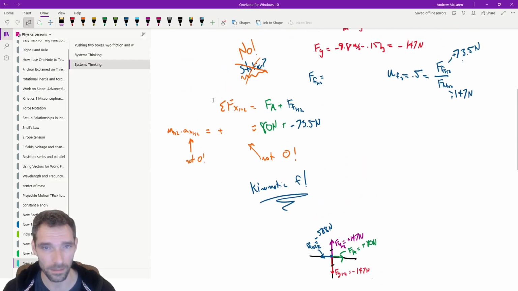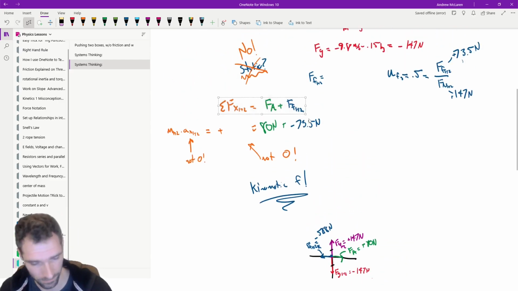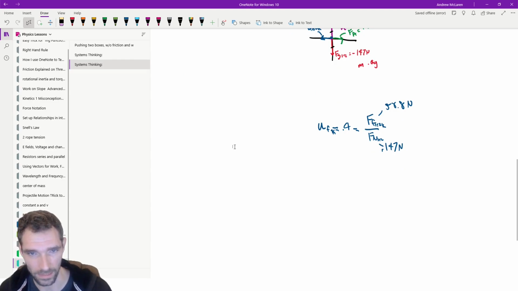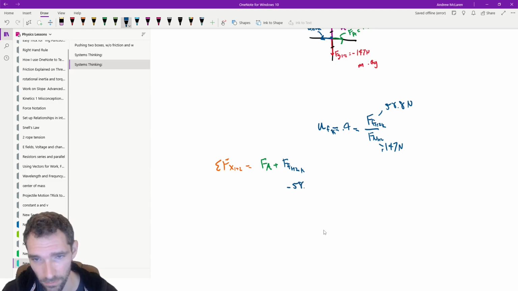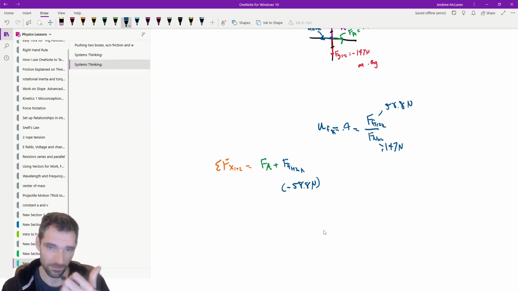So if we want to think about our sum of forces now, when we actually have this with the kinetic equation, we get some values that are more appropriate. We get a negative 58.8 newtons for that force of friction due to it going to the left.